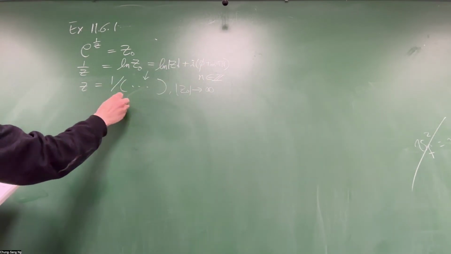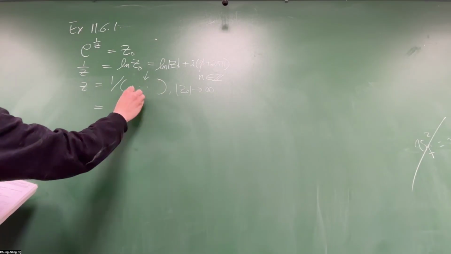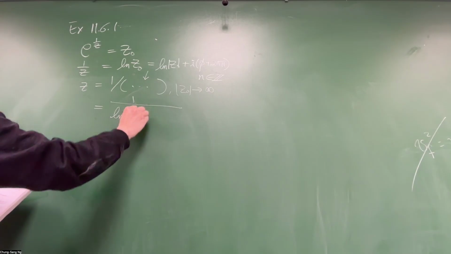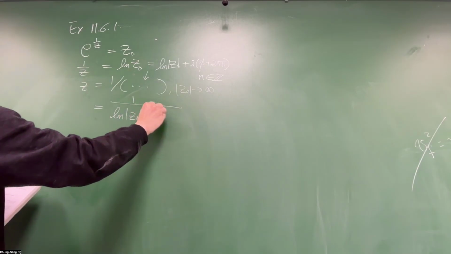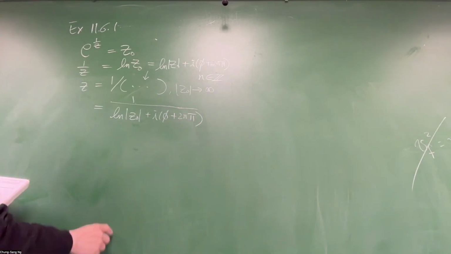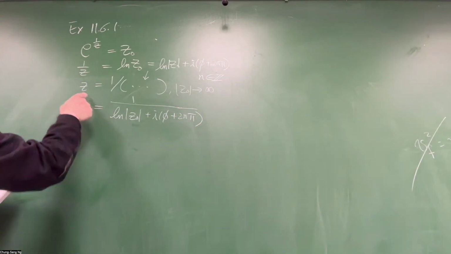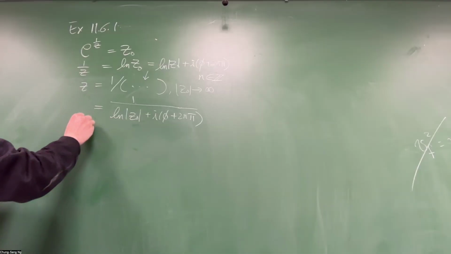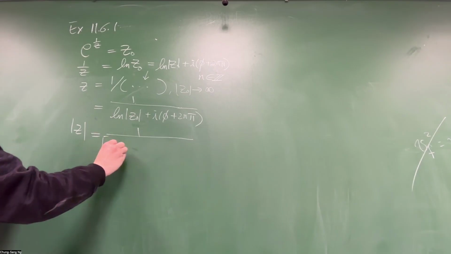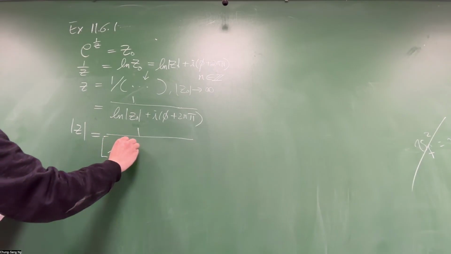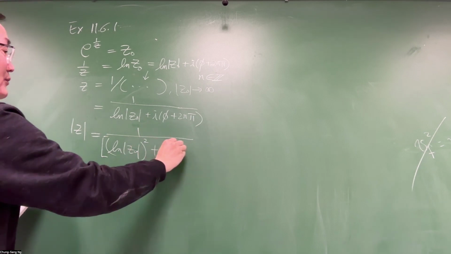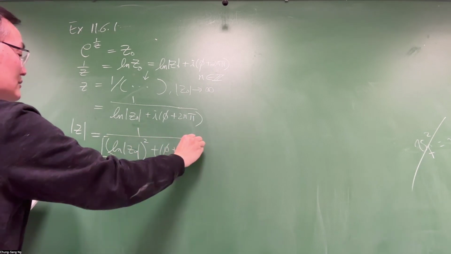So the real part, let me write that explicitly. The real part is log c, and then the imaginary part is pi plus 2n pi, right? Then the magnitude obviously goes to 0, because the magnitude of z is 1 over the square root of something squared plus the 2n pi squared.